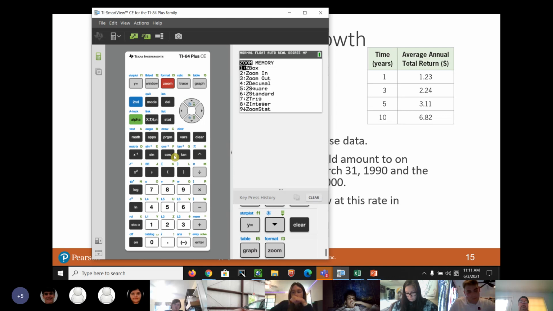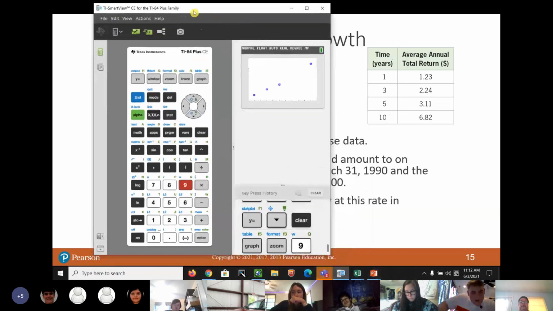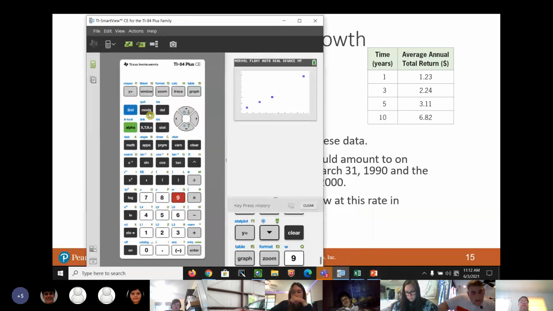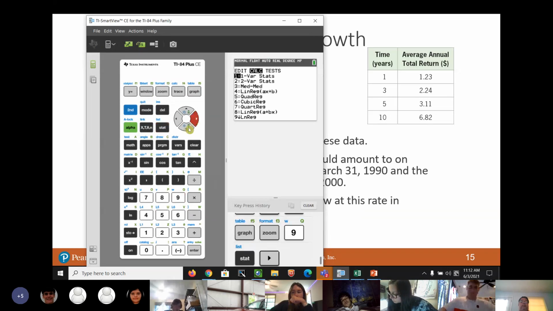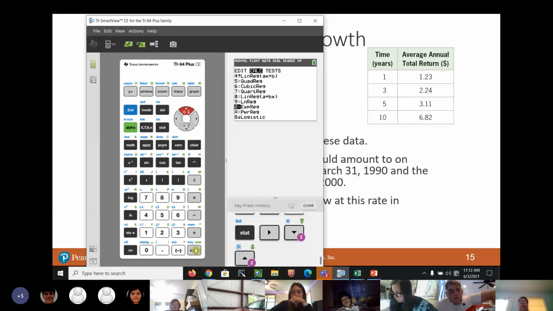Do a zoom 9, and there's your points. Now they want you to calculate exponential. So stat, calculate, go down to exponential, and hit calculate.